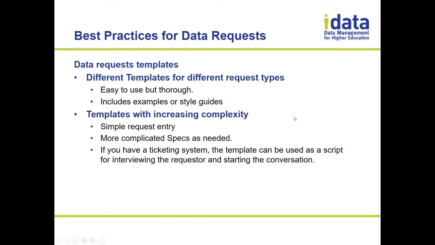So also be willing to have templates with increasing complexity. In the templates in the Data Cookbook, we have a very complicated spec that you can use if you want to get totally in the weeds. Necessarily complex, I call it, right? That is not what you want to give your casual user who is submitting a data request, right?